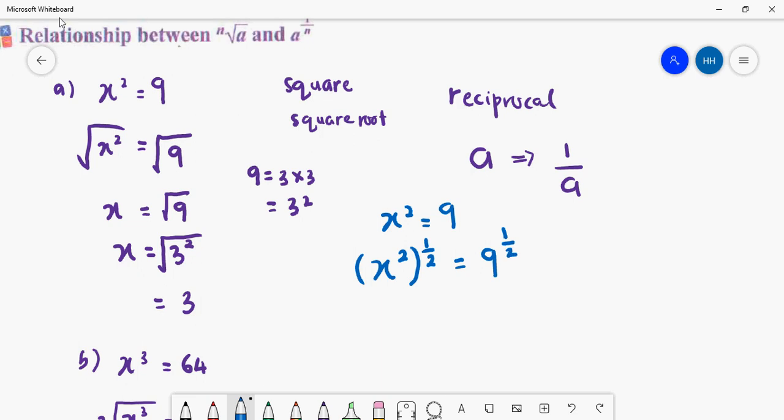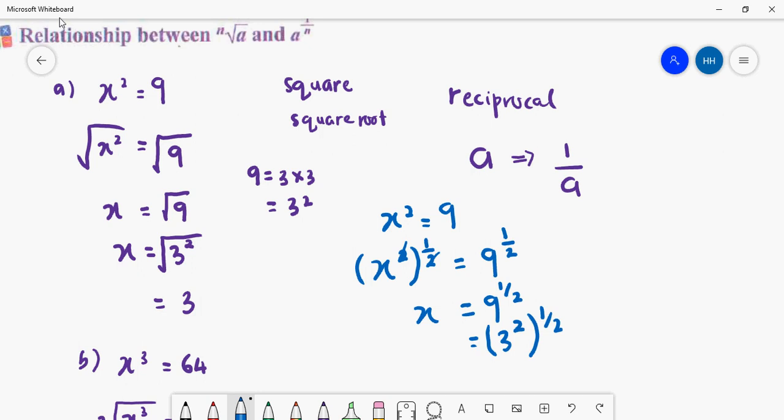Using the law of index, the meaning of this is x to the power of 2 times 1 over 2. So you can eliminate this, so it becomes x equals 9 to the power of 1 over 2, and 9 is 3 square, and then to the power of 1 over 2.